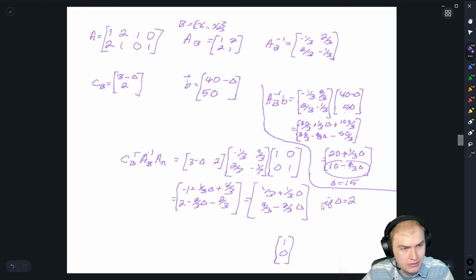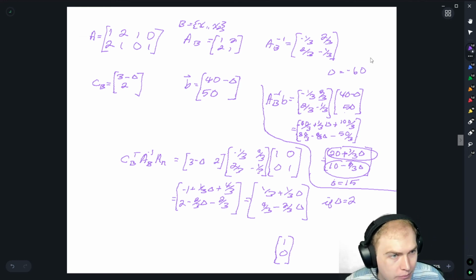So let me solve the other one. Delta equals negative 20 over, or no, negative 20 times 3 is 60. So if I upped that to 100, we would get a 0.